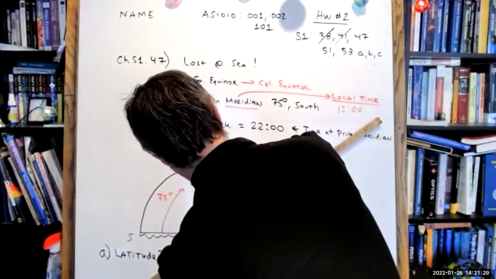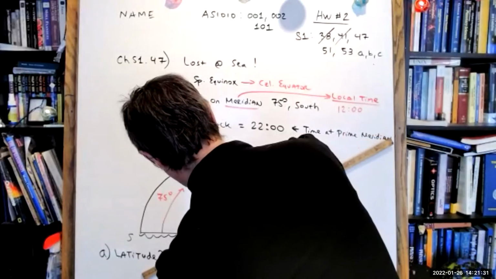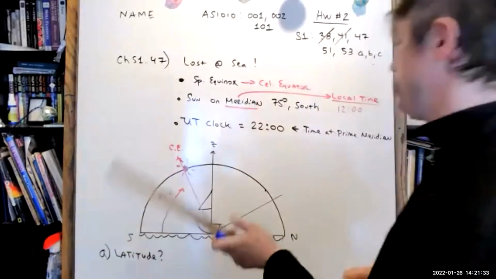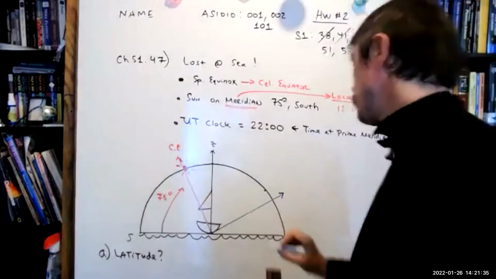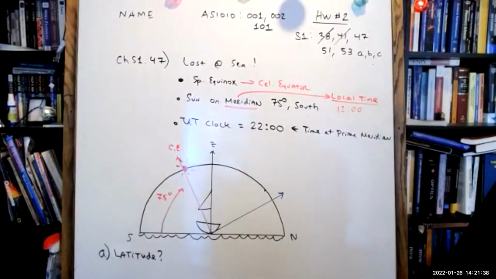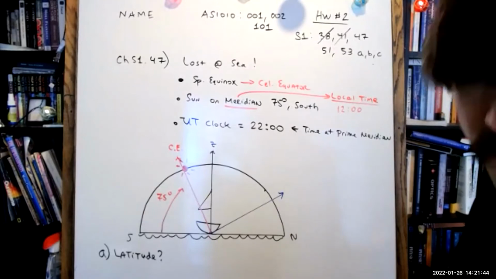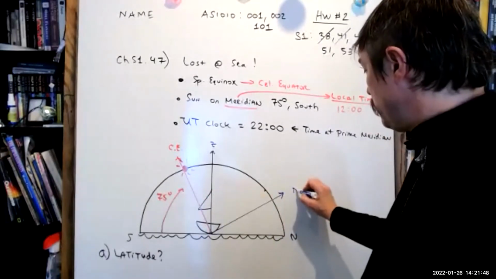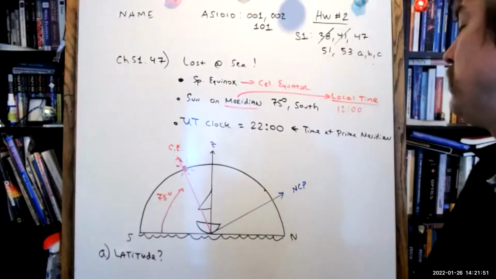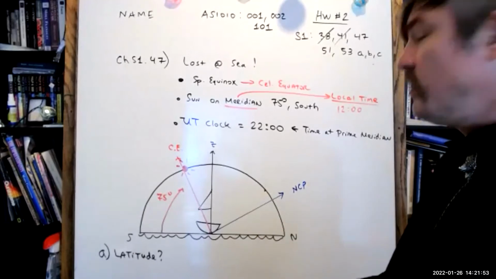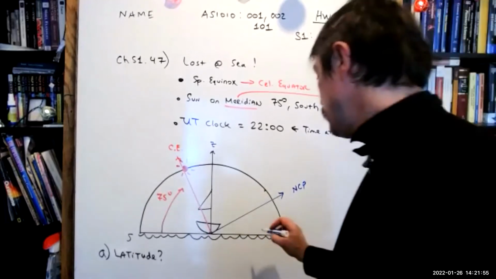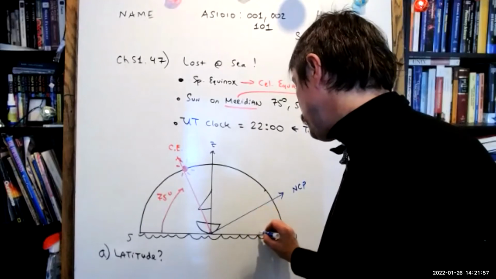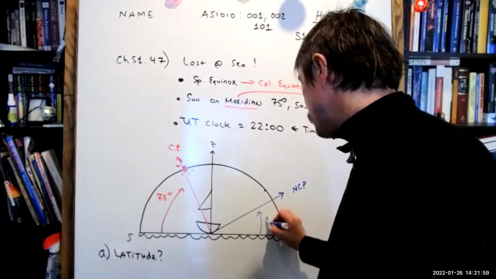Is this the north celestial pole or the south celestial pole? You're killing me, guys. North? You're in the north? Yeah, this is north. So you're in the north. That's the north celestial pole. So you should be able to tell me your altitude.